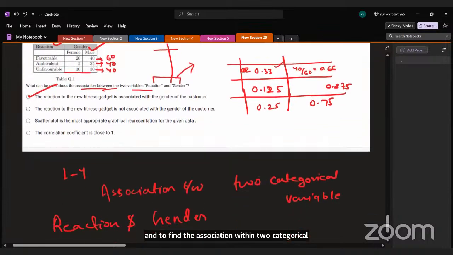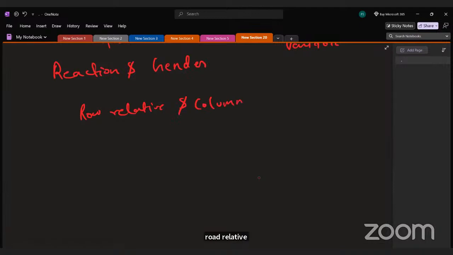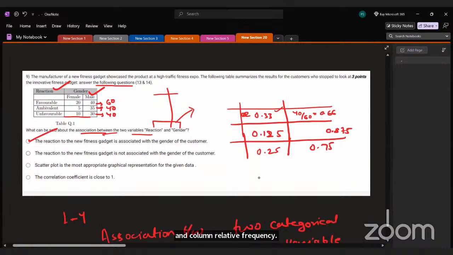Then we have studied row relative and column relative frequency. You simply divide each box by its row total or by its column total.